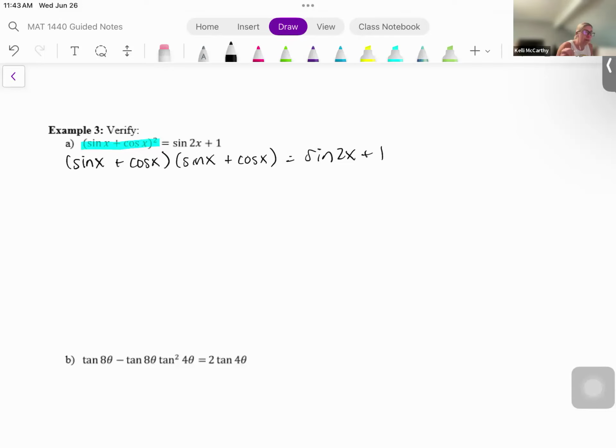Make sure we keep both sides of that identity written in each step. Sine x times sine x is sine squared x, plus sine x cosine x, plus another sine x cosine x, plus cosine squared x, equals sine of 2x plus 1.